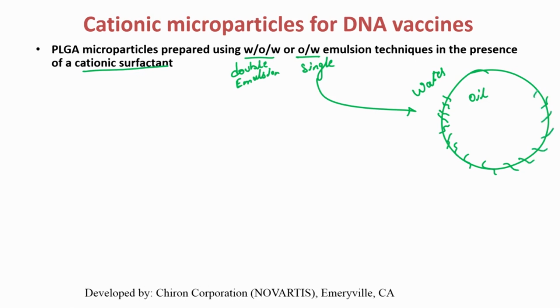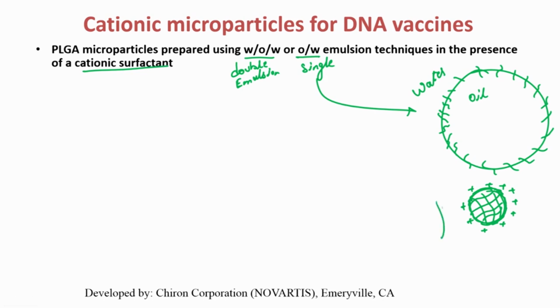And because it is lining up at the interface, when this oil evaporates and the particle forms, the eventual particle will also have the surfactant layer on that surface. If the surfactants are cationic, then you end up with a cationic polymer. And obviously the PLGA chains are here. So this is now positively charged.